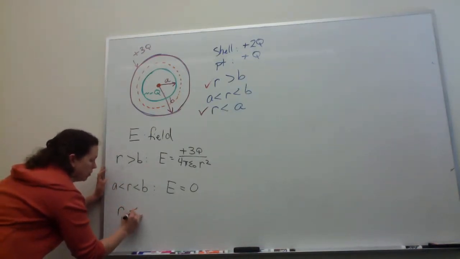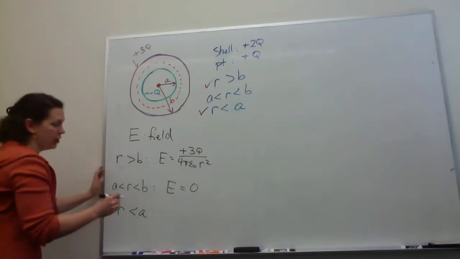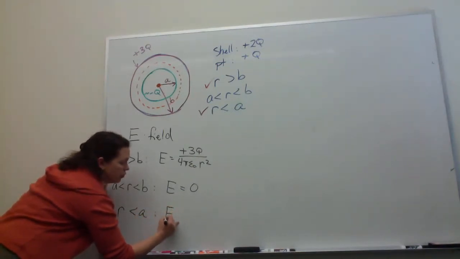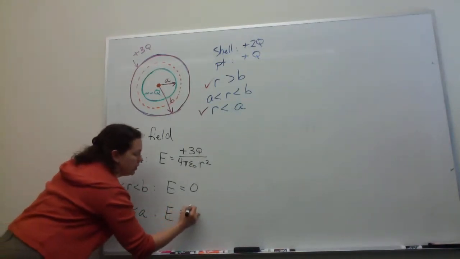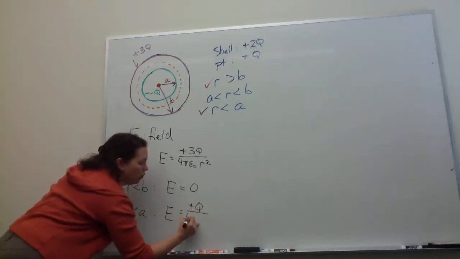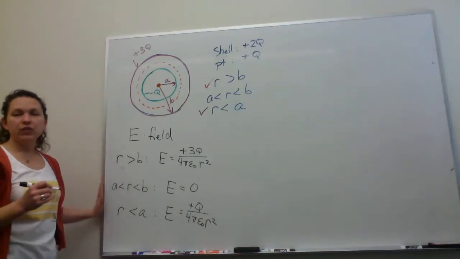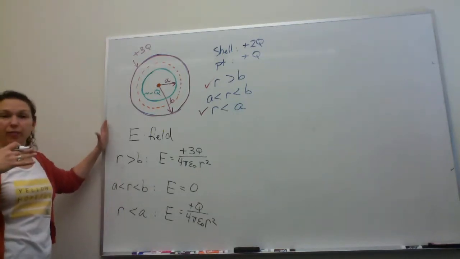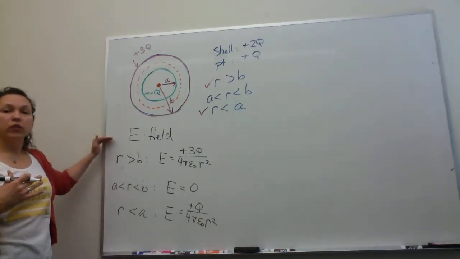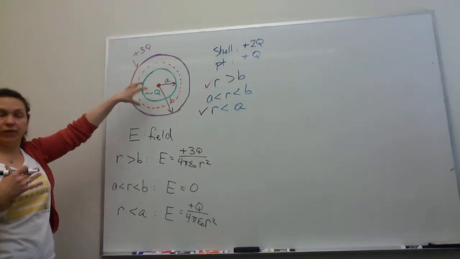And for inside, what you ended up having was that the magnitude of the electric field is equal to plus Q over 4 pi epsilon naught r squared. So, recapping, that's the electric field for these 3 regions for the system.